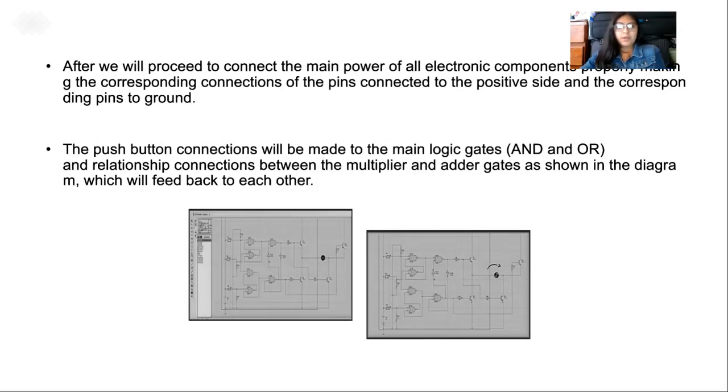Now, the push button connection will be made to the main logic gates, in this case AND and OR, and the relationship connections between the multiplier and the other gates as shown in the diagram, which will feed back to each other.